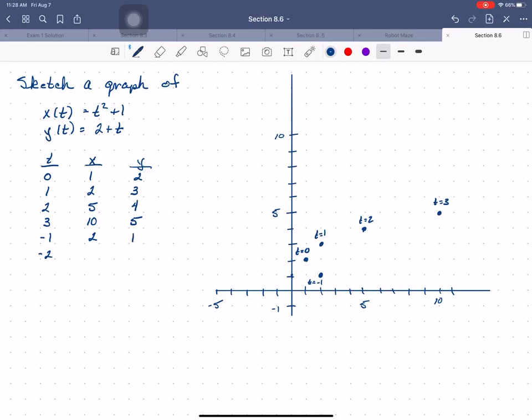When t is negative 2, x is negative 2 squared is 4 plus 1 is 5, and y is 0. Yeah, this is kind of a parabola. When t is negative 3, x is 10, and y is negative 1.